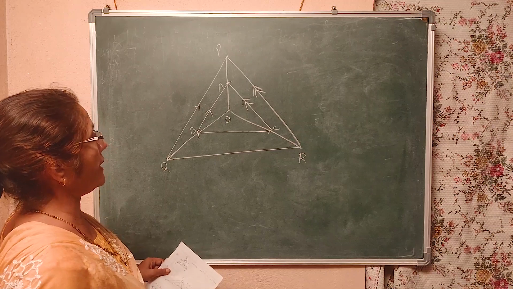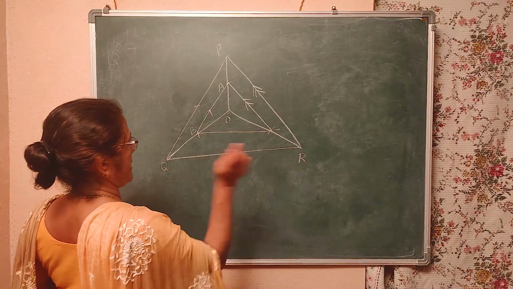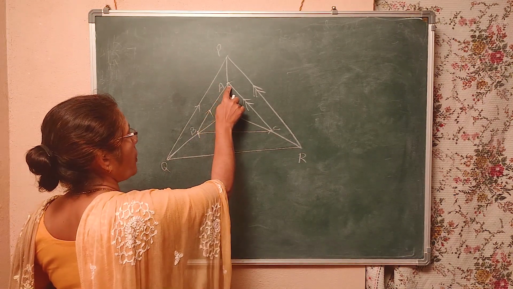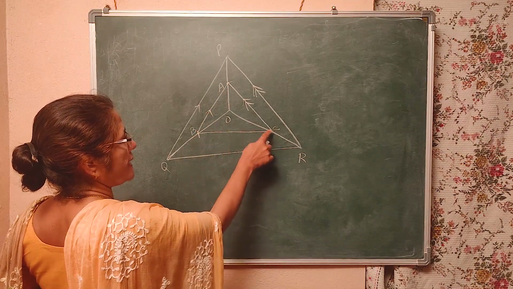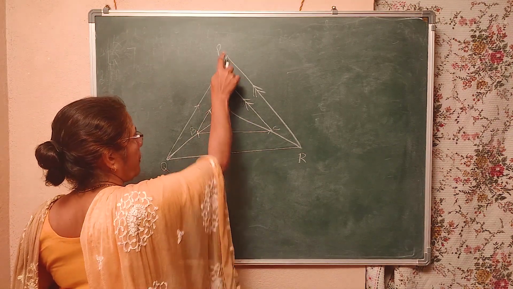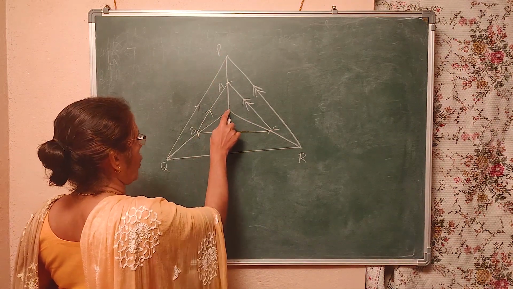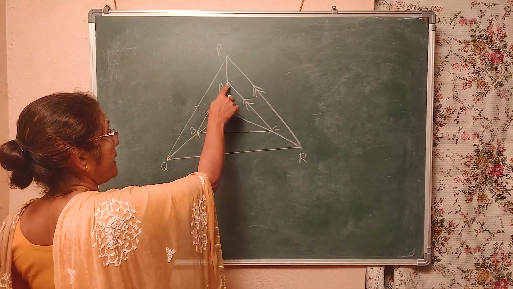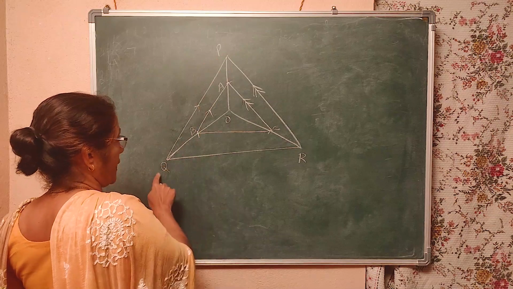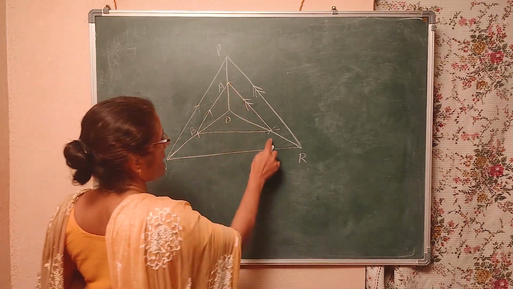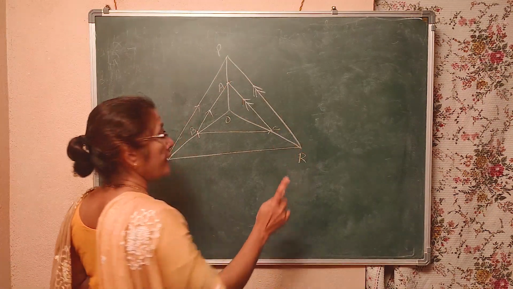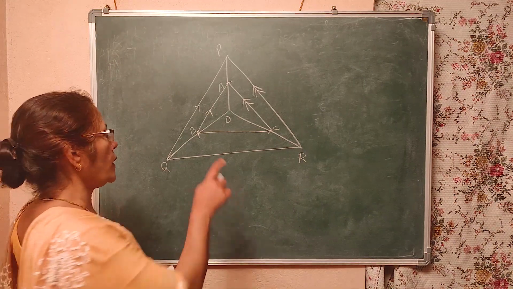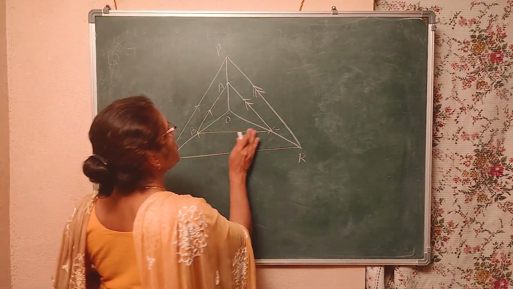So what is given? PQR is a triangle. A is a point, B is a point and C is a point on OP, OQ and OR such that AB is parallel to PQ, AC is parallel to PR. Now we have to show BC is parallel to QR.